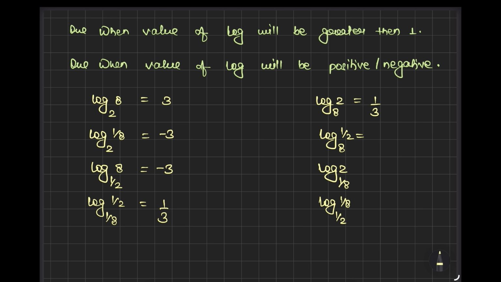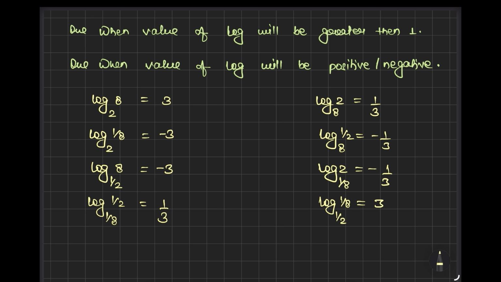Here it will be 1 by 3, here minus 1 by 3, and here again minus 1 by 3, and here 3.